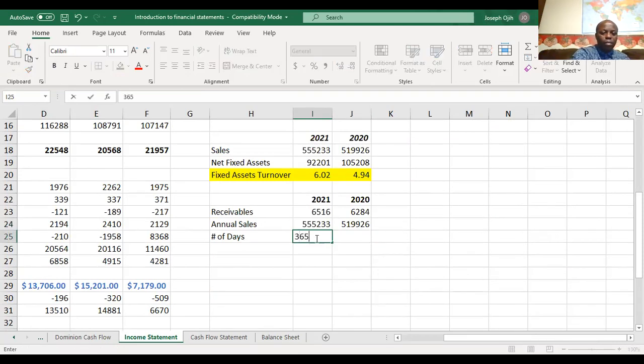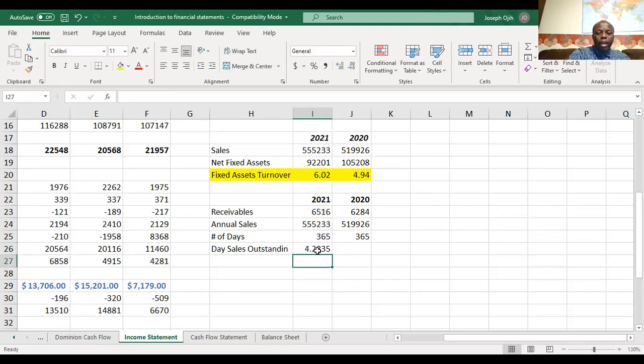So the days sales outstanding equals receivables divided by annual sales divided by 365 days in a year.